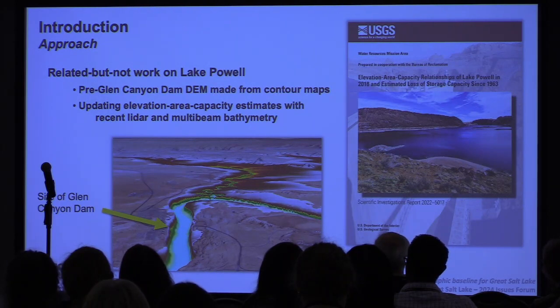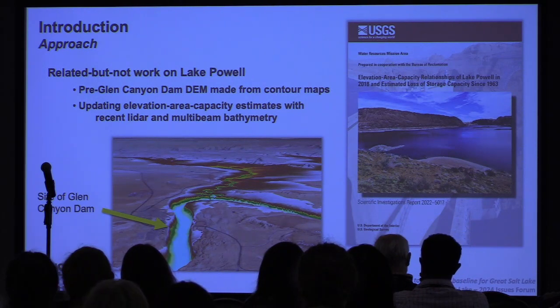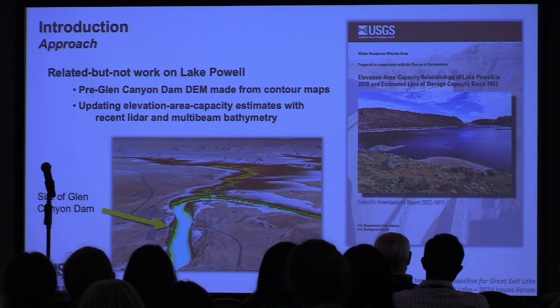And then the second part, a few years later, put together another report that updated the estimates for storage capacity in Lake Powell using topographic data that had been surveyed in 2017 and 2018, led by Rob Baskin, who is now retired from USGS. So this marks the second study that I'm kind of treading in the wake of Rob Baskin.